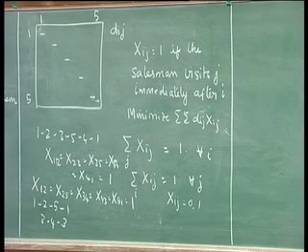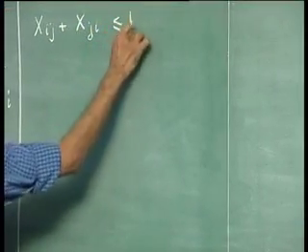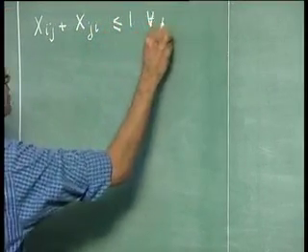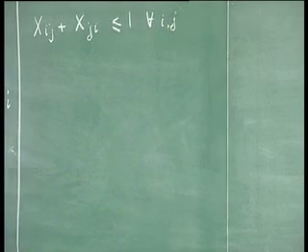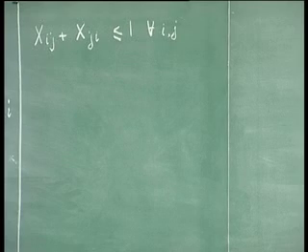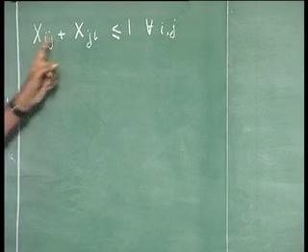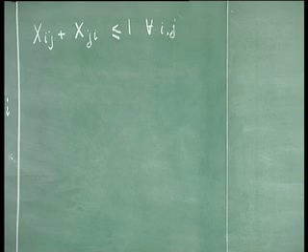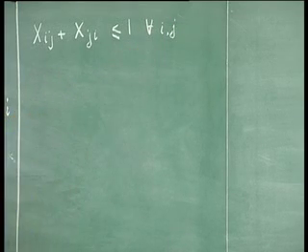Now you need to eliminate subtours of length 2, and that will be like this: xij plus xji less than or equal to 1 for all i and j. For example, if I put i equal to 1, j equal to 2, you can also put i not equal to j, so that you can reduce some more constraints.